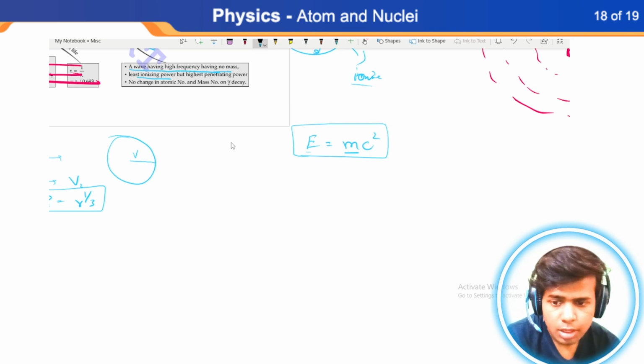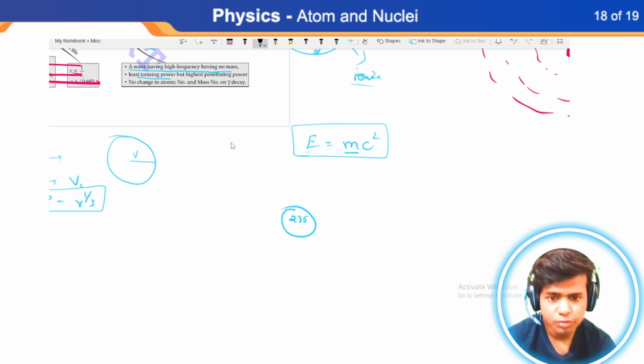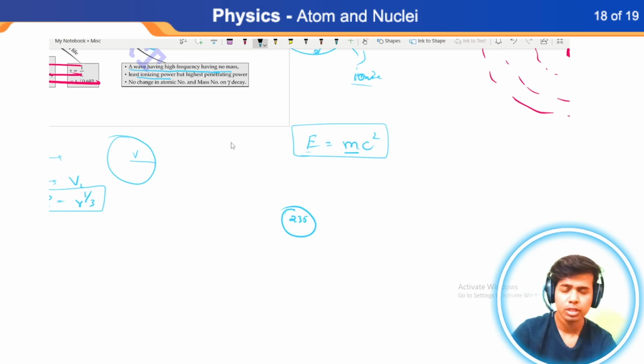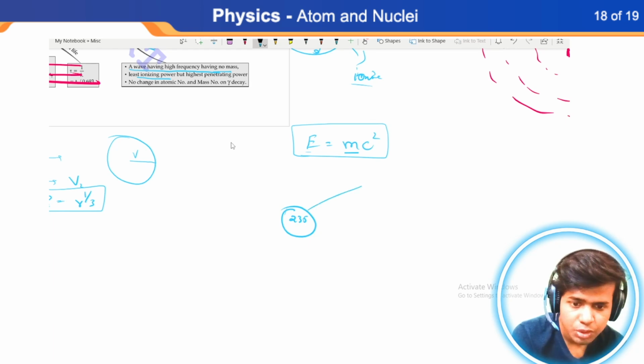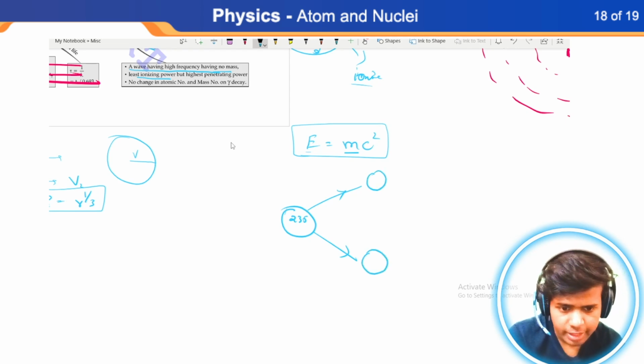This is what happens in nuclear reactions. For example, this is an atom having atomic mass 235.